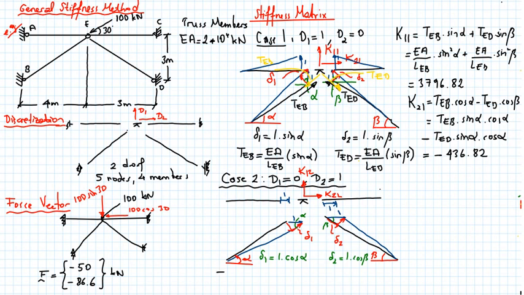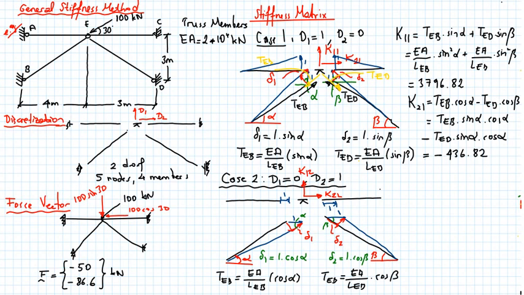So TEB is equal to EA divided by LEB multiplied by cosine alpha, and I have compression, but I'll just call it TEB. Again, TED is equal to EA over LED multiplied by cosine beta.